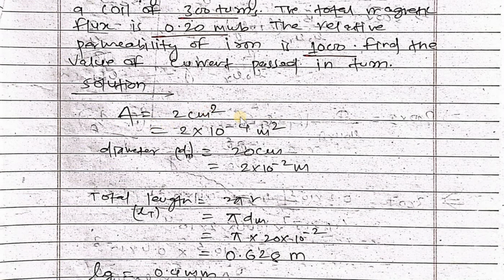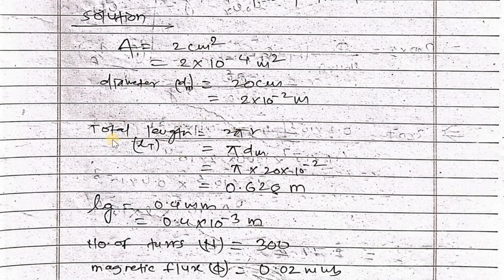passed in the turns. So area given is 2 centimeter square. Convert this into meter, then 2 into 10 to power minus 4 meter square. And diameter equal to 20 centimeters, so 2 into 10 to power minus 1 meter. Total length, this is circular, so total length equal to 2 pi r. Then pi into d, in the place of 2r we can write d, that is mean diameter.